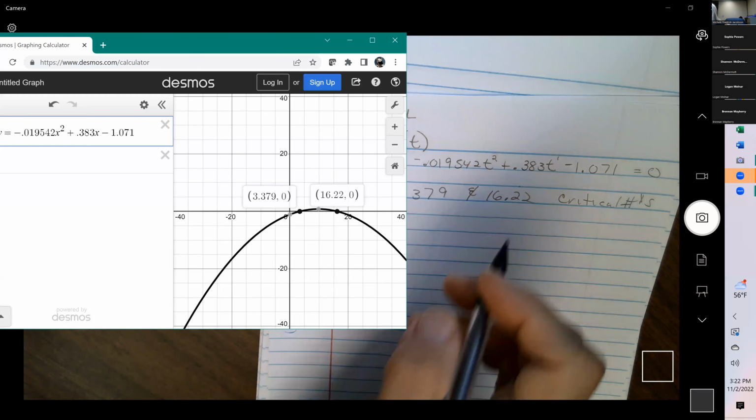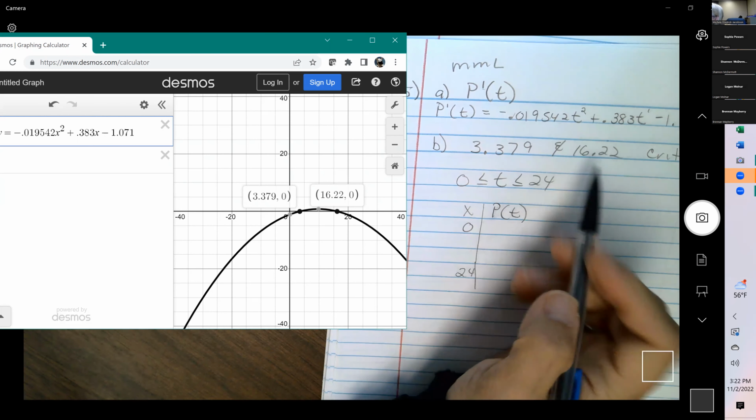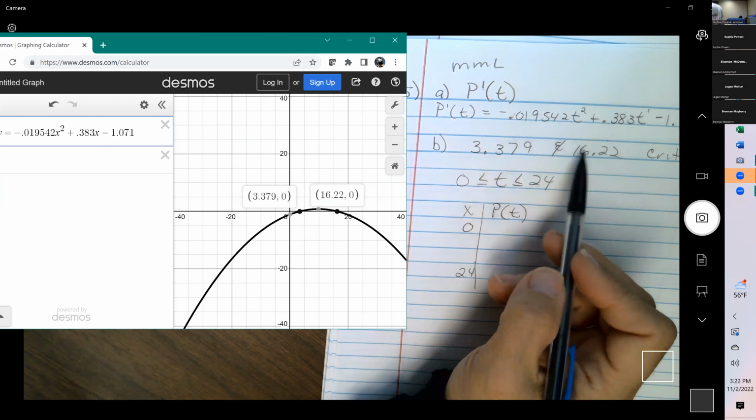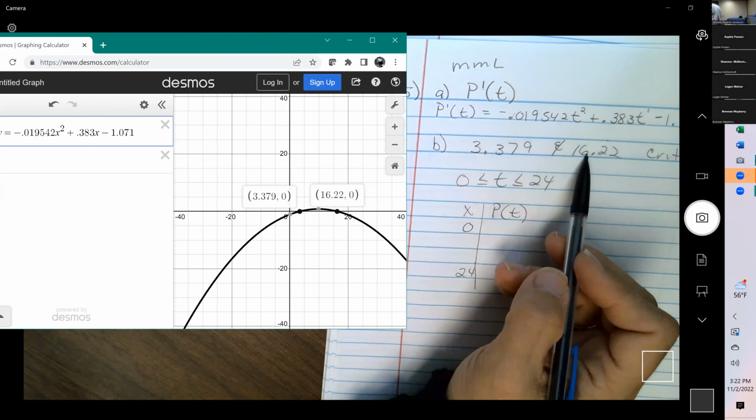And then it says that it's between 0 and 24. So on the test, I will ask you to find the max or the min. And we'd use 0, we'd use 24. And then in this case, our critical numbers are both between 0 and 24.